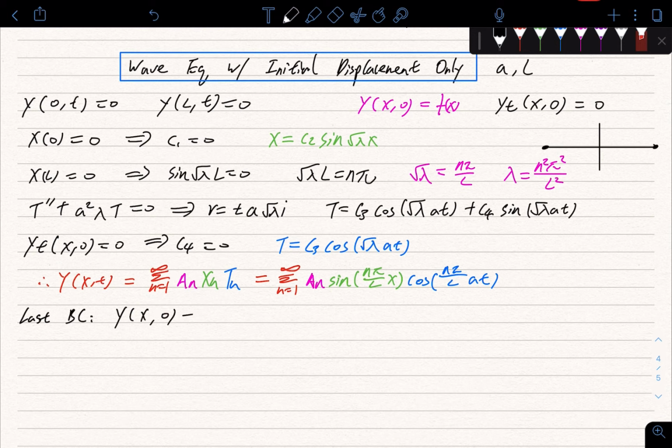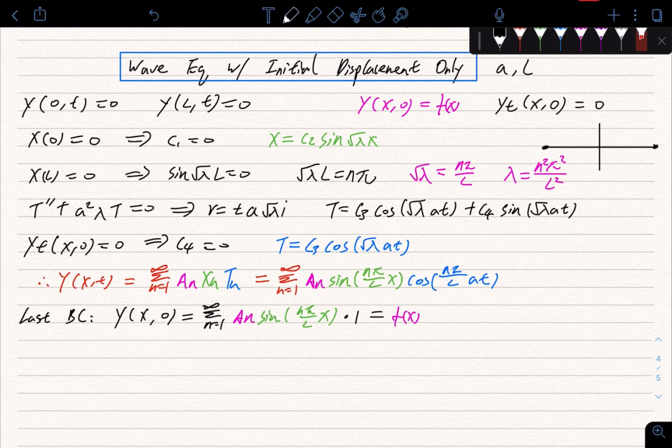This will give us that our solution that we formulated here becomes the infinite series from n equals 1 of a_n sine n pi over L x, and again cosine of 0 is 1, so this t term will become 1, and that equals our f of x.